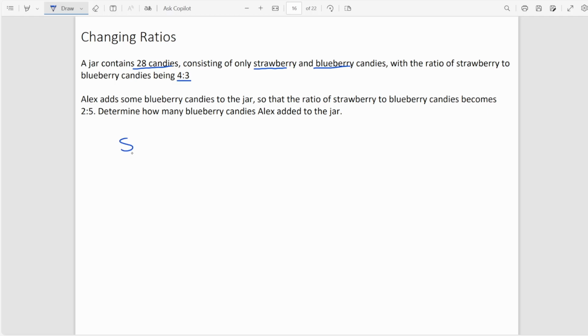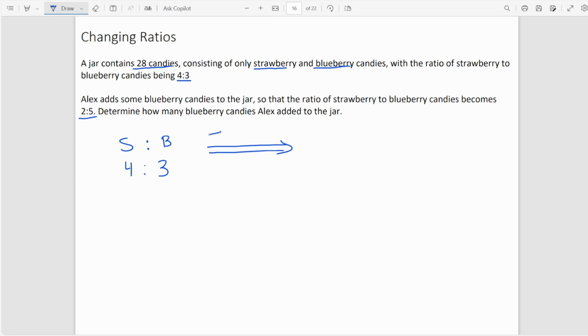So we have strawberry and blueberry, and the ratio is 4 to 3. Now, Alex adds some blueberry candies to the jar so that the ratio of strawberry to blueberry candies becomes 2 to 5.